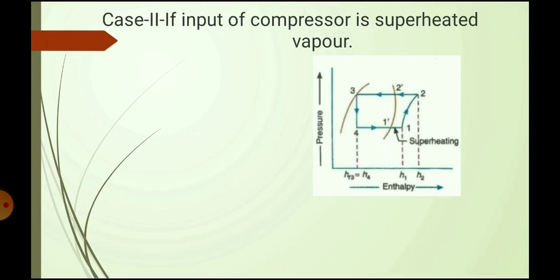Therefore here dry compression takes place, and the disadvantage of wet compression is eliminated during this process. Clear? But in this case the heat rejection increases. Okay, heat rejection increases. Clear?